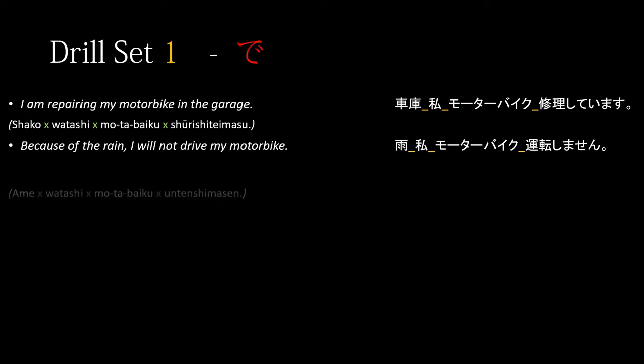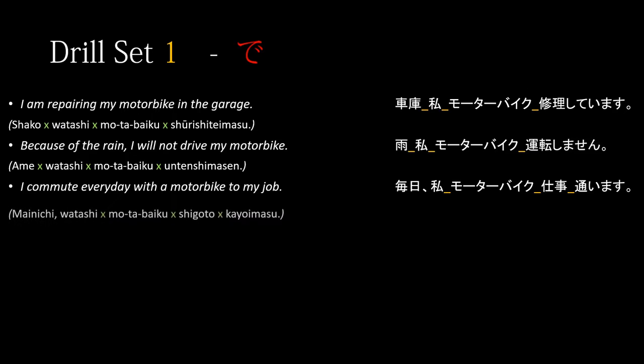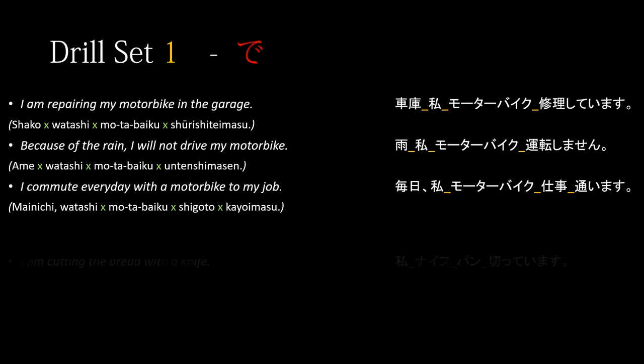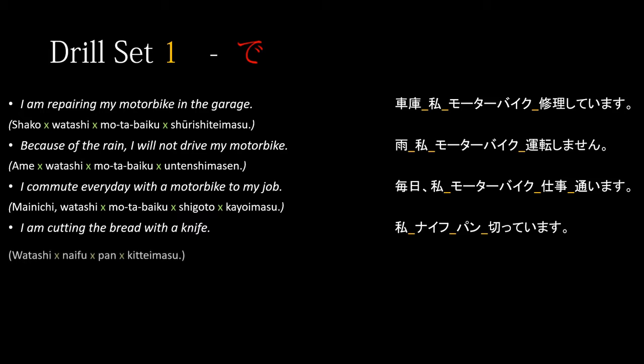The second sentence: because of the rain, I will not drive my motorbike. The third sentence: I commute every day with a motorbike to my job. The fourth sentence: I am cutting the bread with a knife.